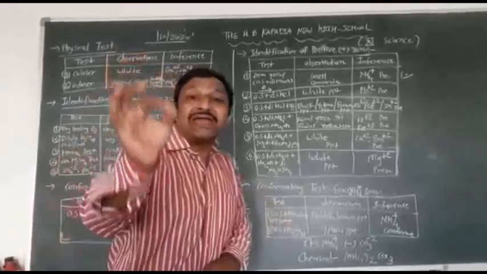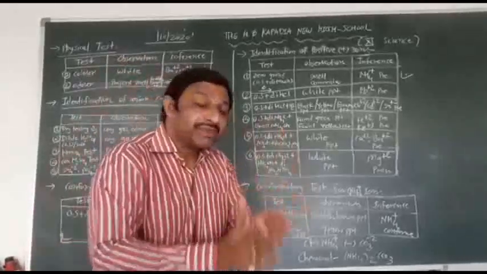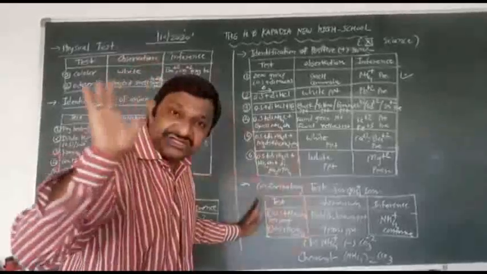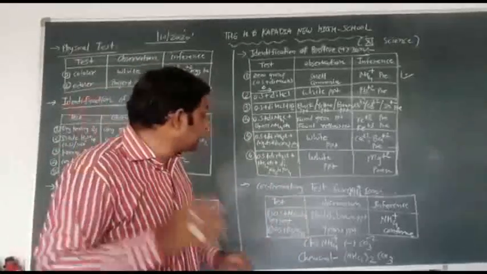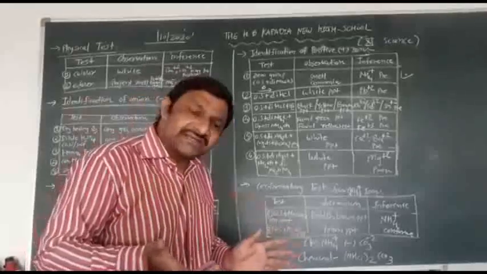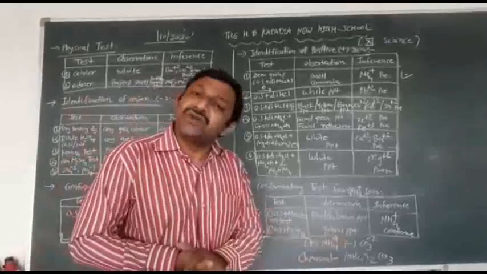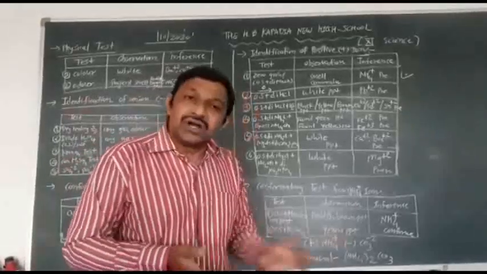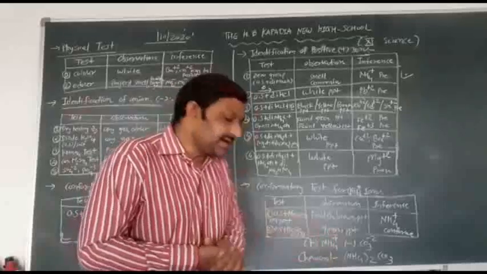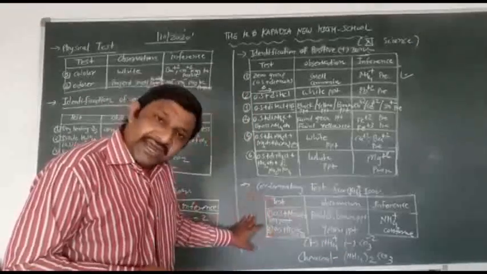So your NH4 plus is confirmed. And the second one is OS plus picric acid, so you will easily get yellow precipitate. Again NH4 plus is present in the confirmatory test.